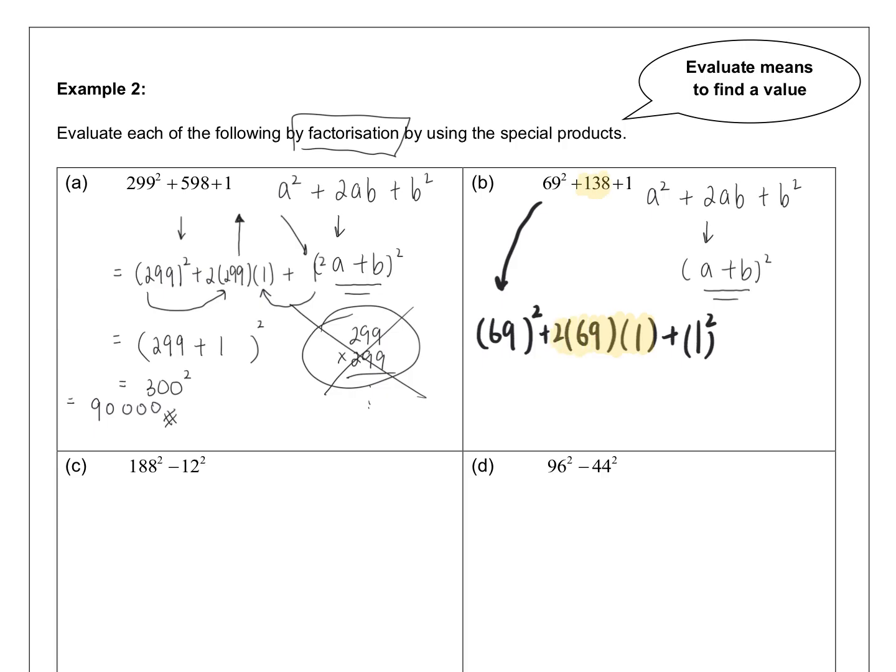If it is correct, then I can start. So my answer is just 69 plus 1 square. 70. Yes, so you get 4900. So it's all about pattern recognition for math sometimes.